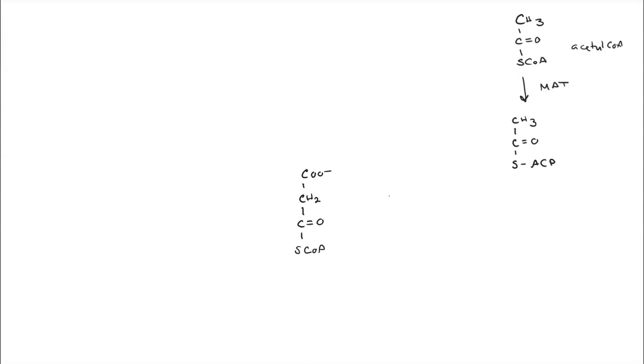And here we have our malonyl-CoA. And notice it's just a carboxylated version of acetyl-CoA where we've added an equivalent of CO2 to the top of the acetyl-CoA. And what's going to happen is that we're going to have our acyl carrier protein with its sulfhydryl group come in and interact with the malonyl-CoA.